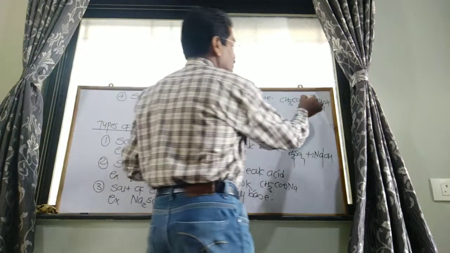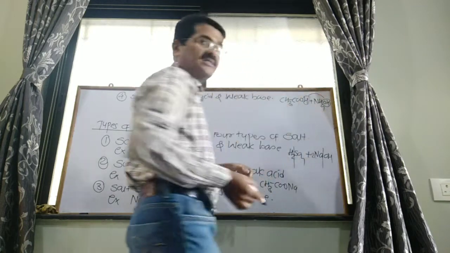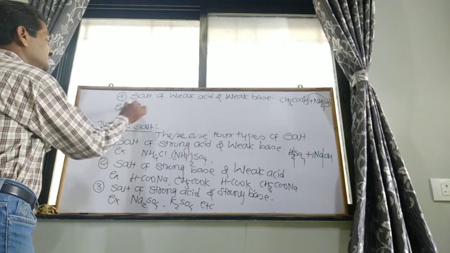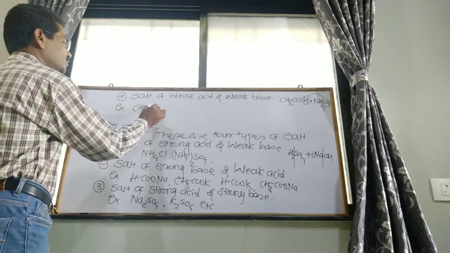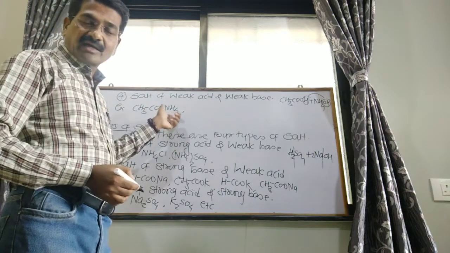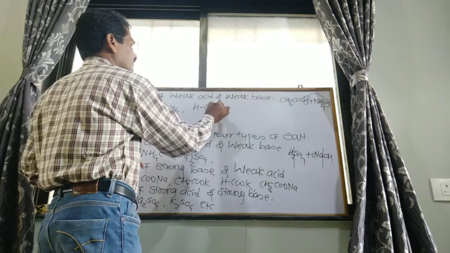Then hydrogen from this acid combines with hydroxyl of that base to form the water, and the remaining is the salt. The example is CH3COONH4, called ammonium acetate. Again, an example is ammonium formate.